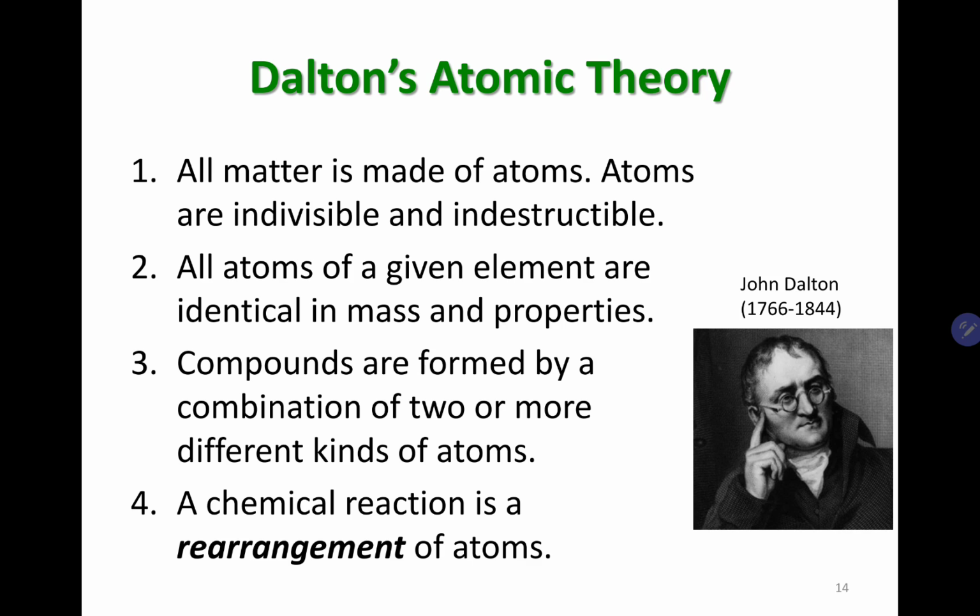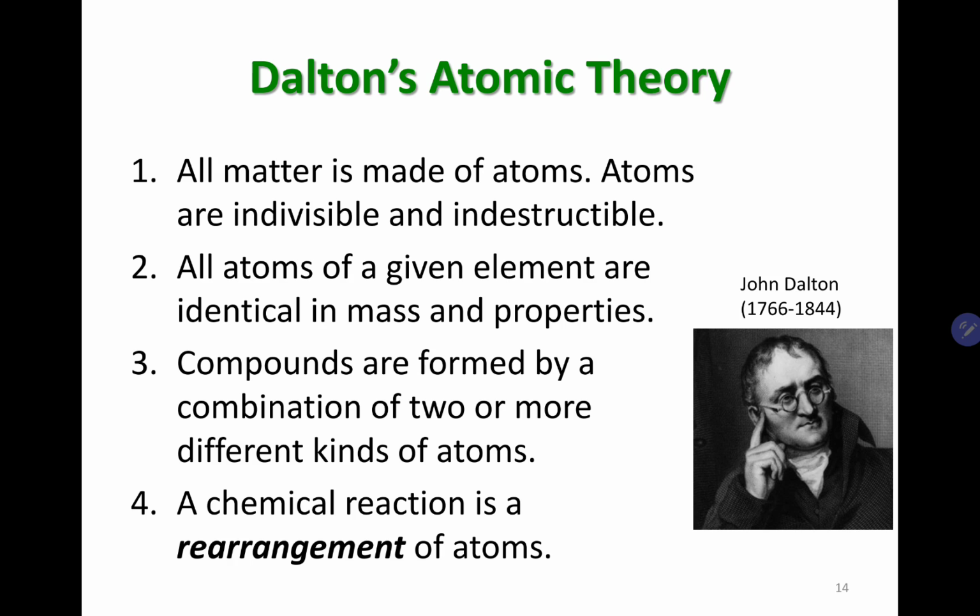Dalton's atomic theory can be understood in four different parts. The first part of Dalton's atomic theory is that all matter is made of atoms. Basically, atoms are invisible and they are indestructible. That is the first part.